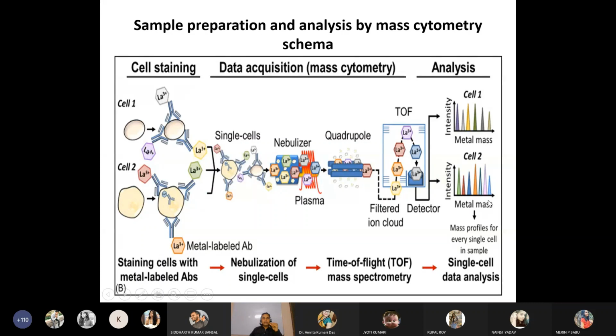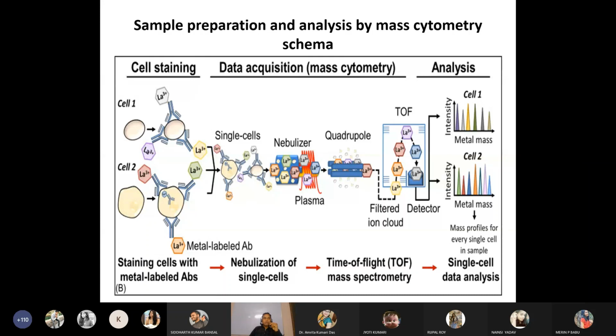This entire image shows how single cell proteomics is done. I should not go into the details because the principle remains the same. The difference is that there you were using a sheet or a thin layer of cells or tissue. Here you are using the cell suspension. That is the difference.